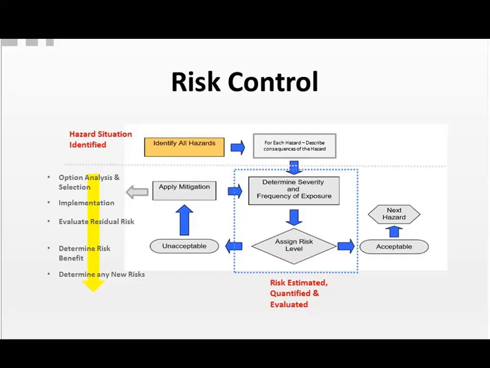We need to determine that risk-benefit process, and we need to determine certainly any new risks that arise. That's often the case in software development. When software changes are made, those changes can create unanticipated issues in other aspects of the software that would expose some additional risks.